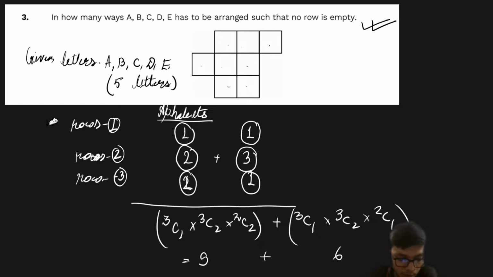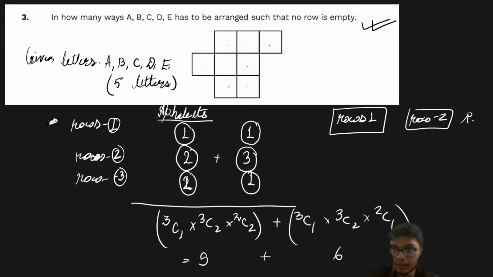Now we also have to look at the cases when we are arranging. Let us say in row 1, row 2 and row 3, in row 1 I can put 2 letters, in row 2 I can put 1 letter, and in row 3 I can put 2 letters.